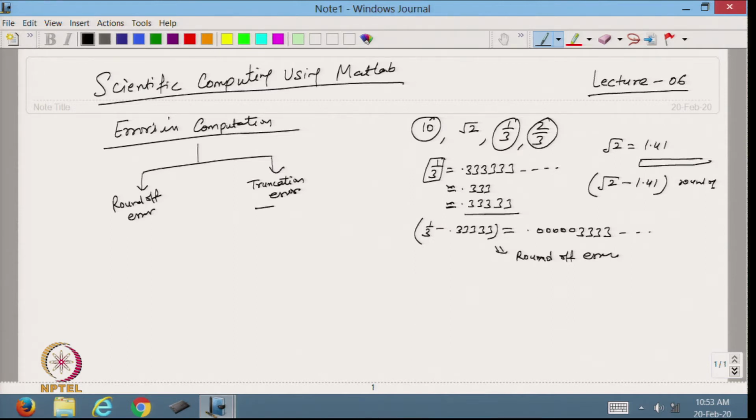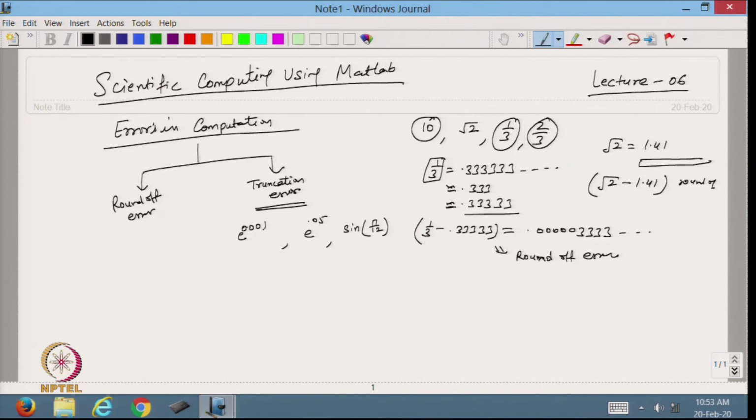And another error is the truncation error. Truncation error means suppose I want to find the value of e raised to power 0.001, or e raised to power 0.5, or maybe the value of sine pi by 12.